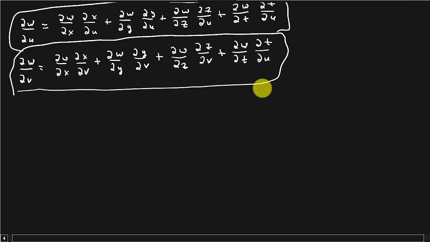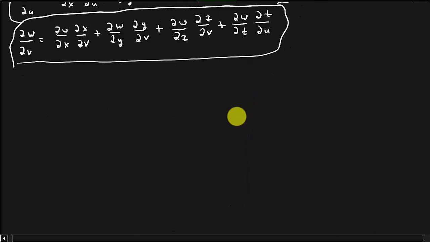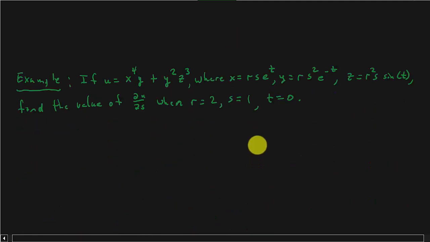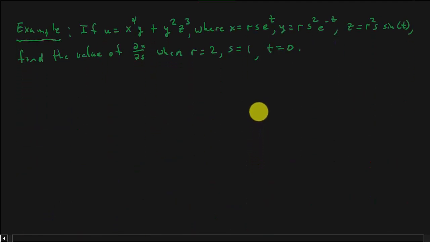So let's look at this example. It says if u is equal to x to the fourth y plus y squared times z cubed, where x equals r s times e to the t, y equals r s squared e to the negative t, z equals r squared s sine t.